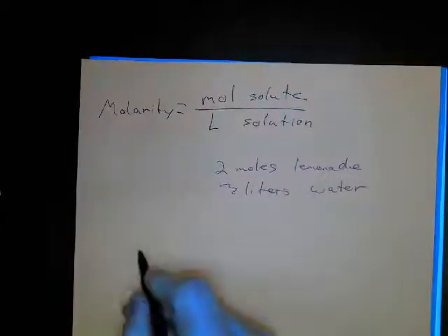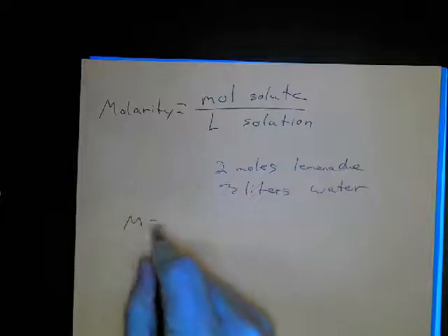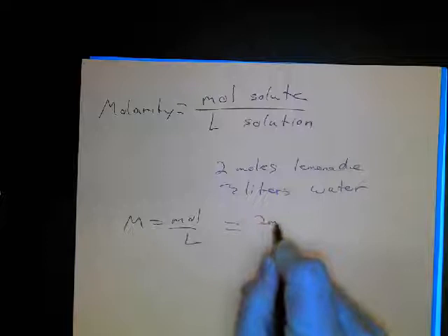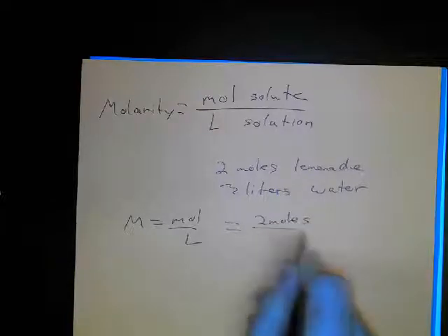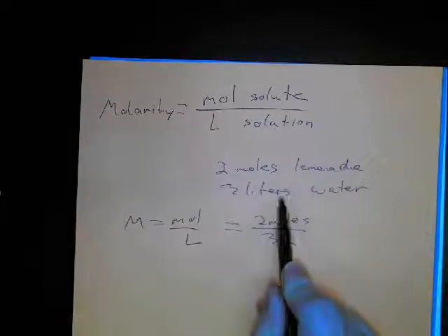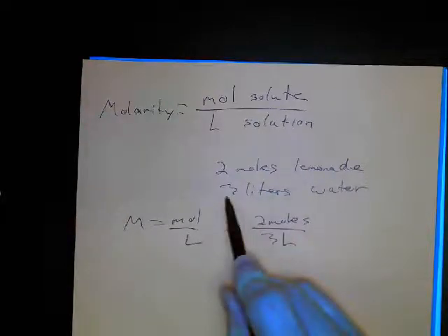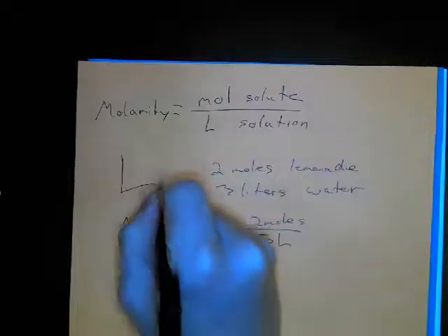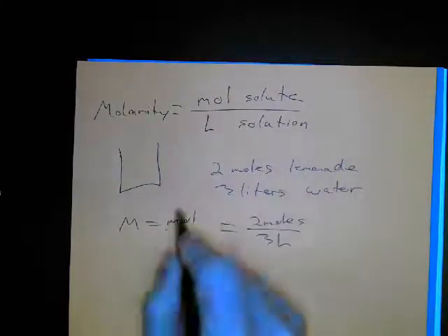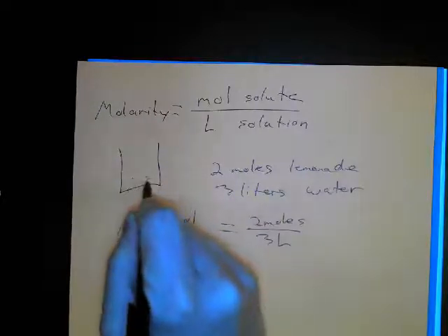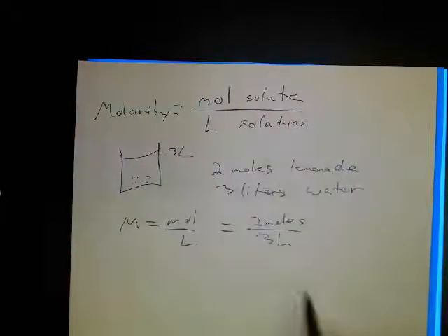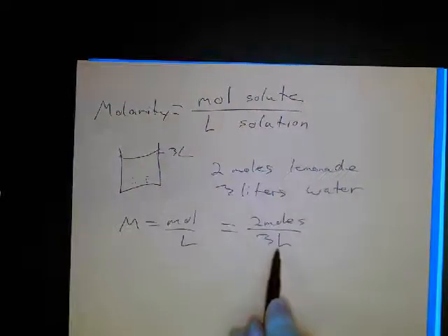Molarity is equal to moles over liters, and in this case, that would be 2 moles of lemonade divided by 3 liters of solution. Now, if I would really want to make this 3 molar, or whatever this is, we haven't calculated yet, what I do is I dump the lemonade powder in first, and I have like the 3 liter line, and I fill the water up till it's right at 3 liters. That way I am getting 3 liters of solution, not just 3 liters of water, okay?